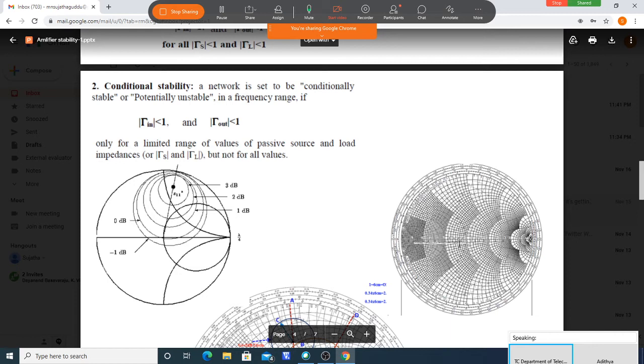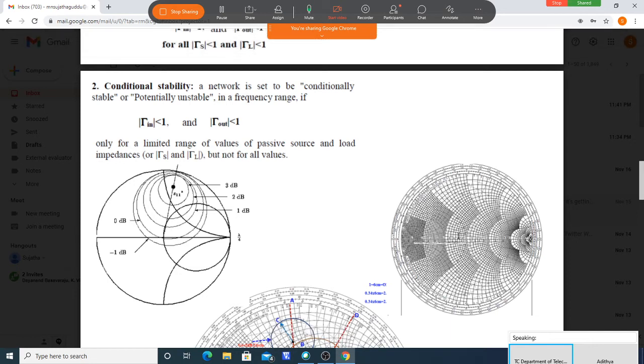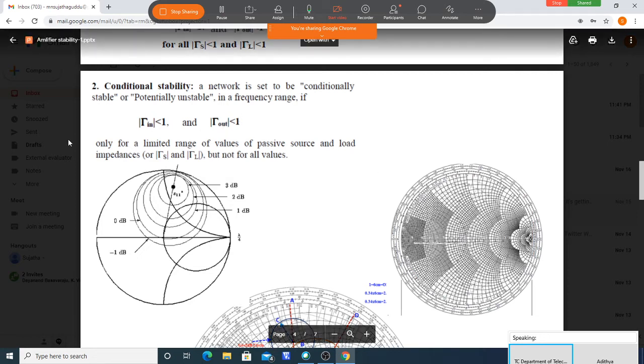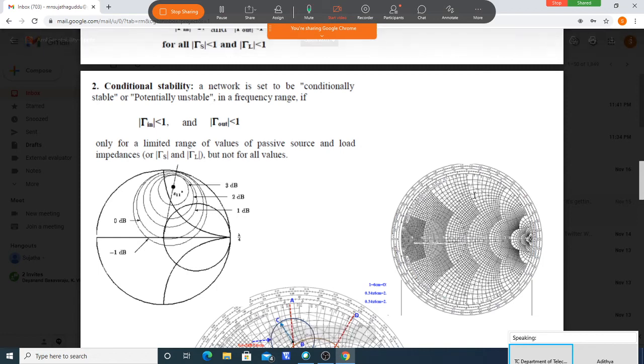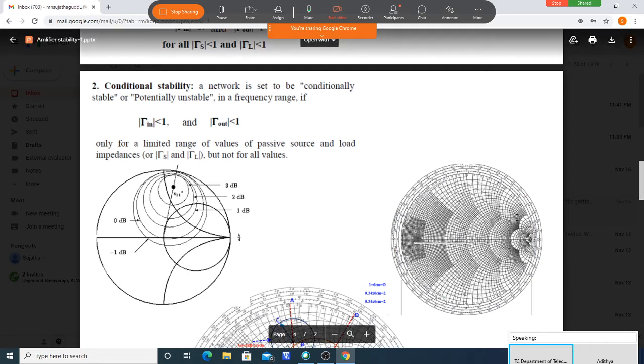Only a part of the values, for example, like this over this part. If you take those values, they give Γin and Γout lesser than 1. Then what we have to do is choose only over this part. You cannot take over here for designing the amplifier.